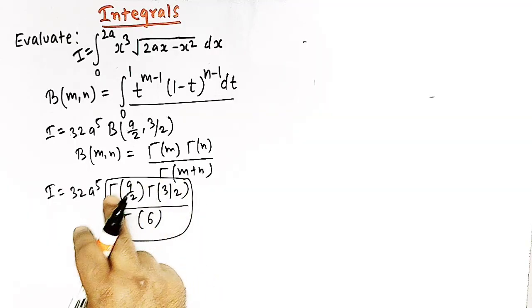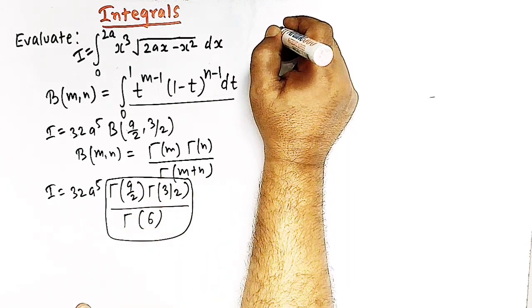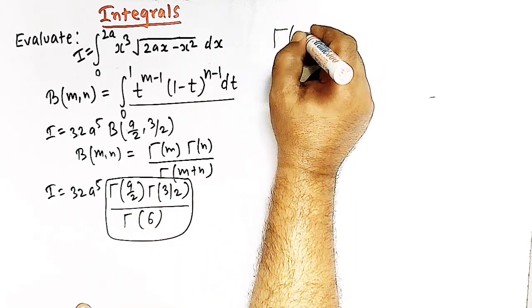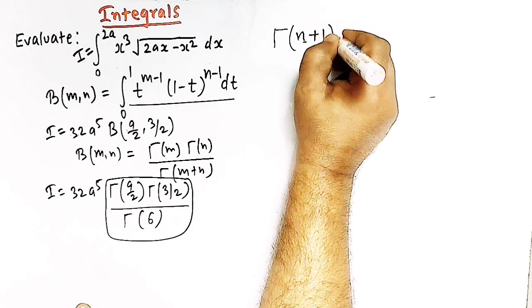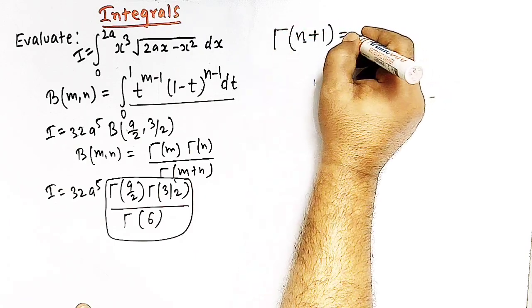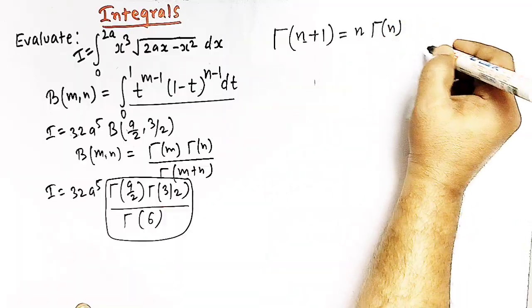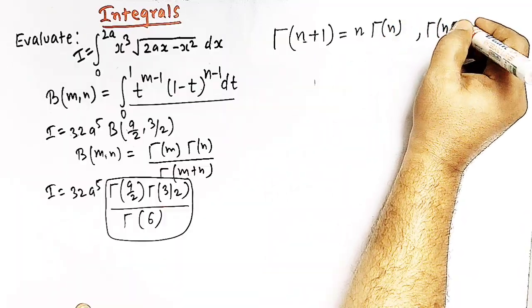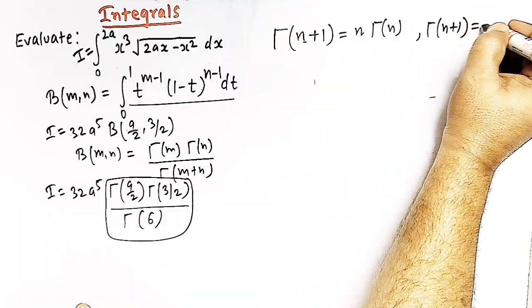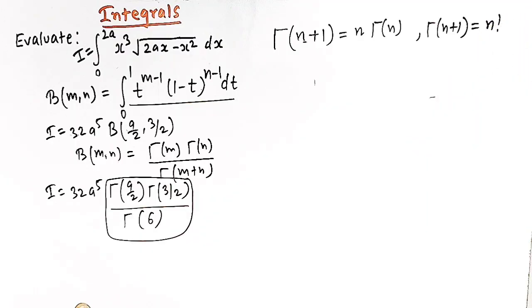So now to get the value of this expression, we have to make use of these two important results, that is gamma n plus 1 is given by n times gamma n, and gamma n plus 1 can be written as n factorial, right? So here we have gamma 6.